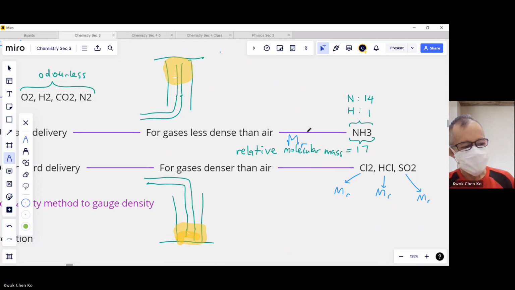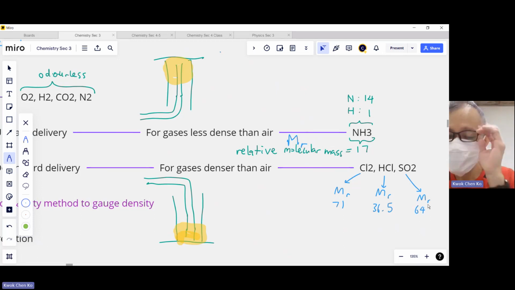Got it? Cl2? 71. Good. HCl? 36.5. Okay. And SO2? 64. Good. Okay, that's the important thing about it.